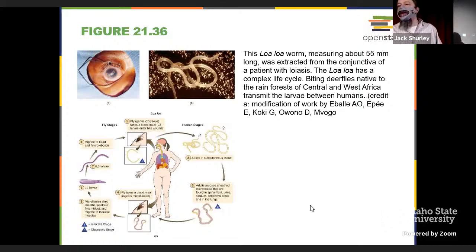These guys are transmitted by a black fly, not a deer fly. The black fly bites, inoculates the juvenile worms in the skin. You oftentimes detect or diagnose by a bloodless skin snip. You take a little piece of the skin, snip it off, dissolve it in some potassium hydroxide, and you can see the worms, the juvenile worms, right within that tissue, which is fascinating and also a little bit disturbing.